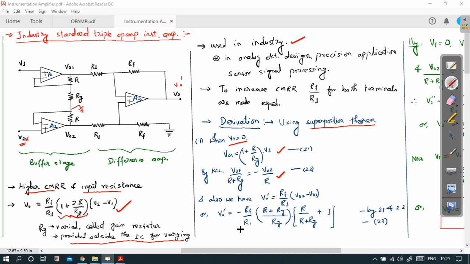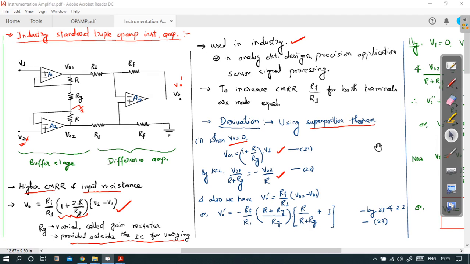Put the values of VO2 and VO1 from these two equations into this equation.